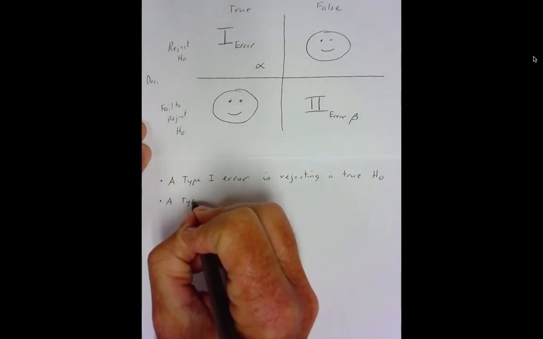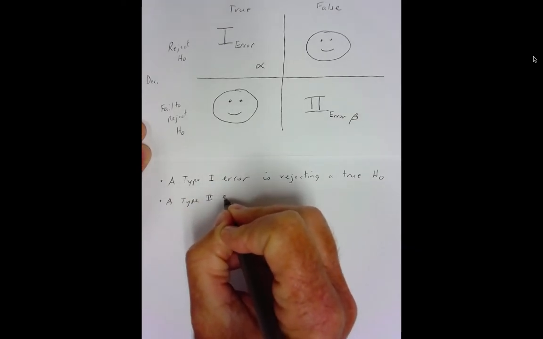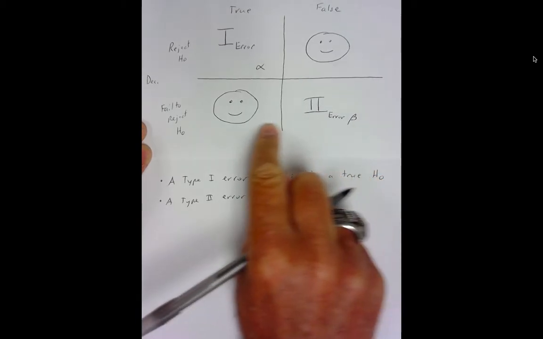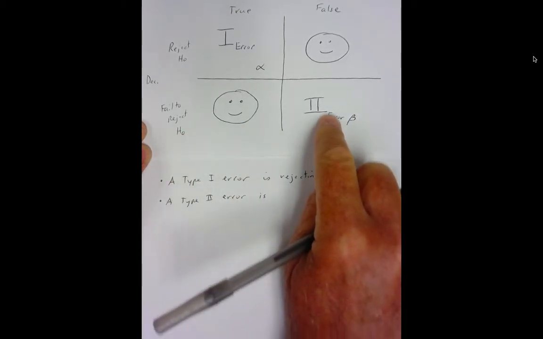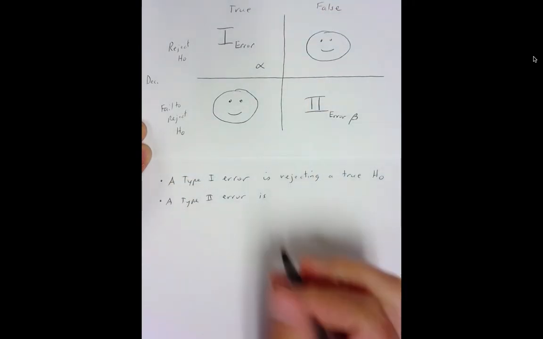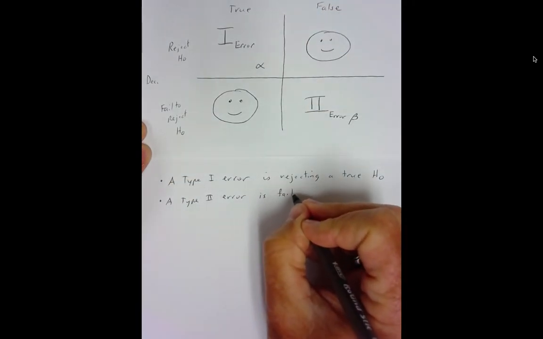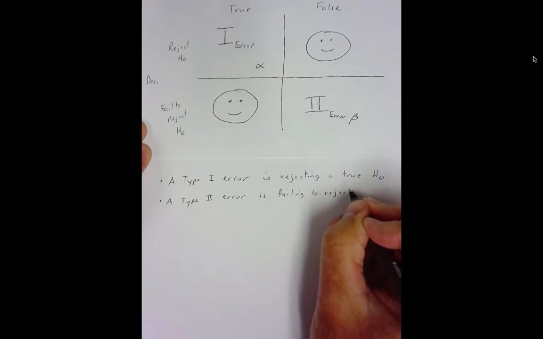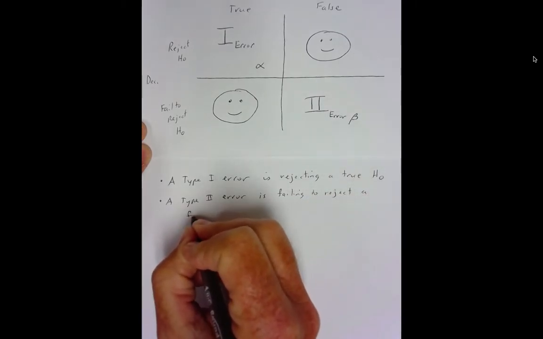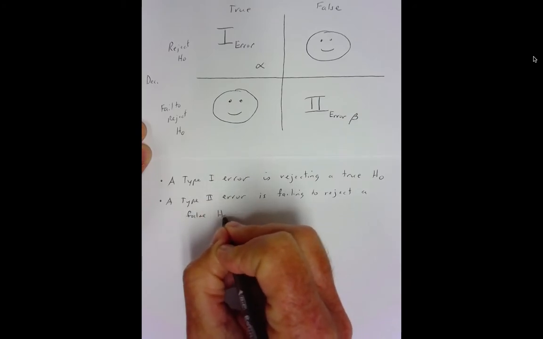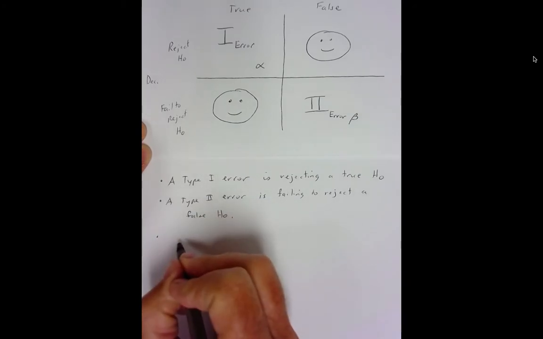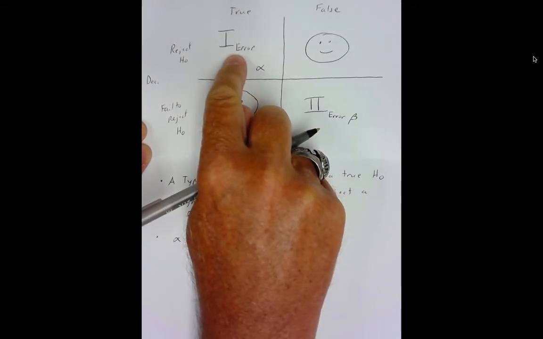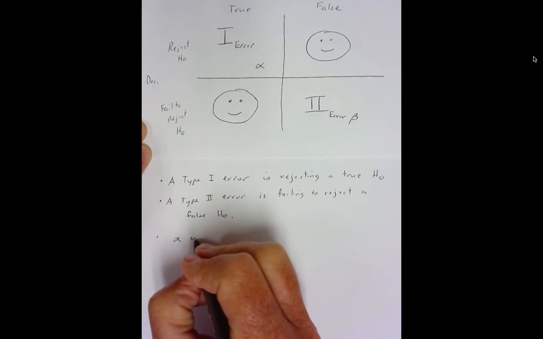A type 2 error is what? Failing to reject a false null hypothesis. Alpha. What is alpha? Alpha is the probability of committing a type 1 error.